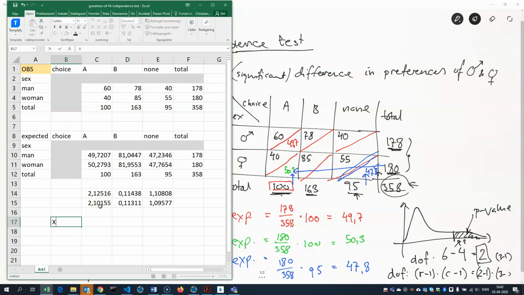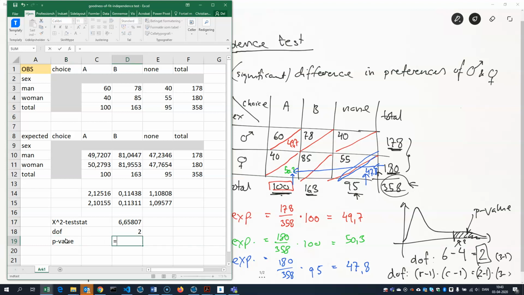And the actual chi-square test statistic is then the sum of those 6 numbers here. And there you have the number 6.658. The degrees of freedom is equal to 2 rows minus 1 times 3 columns minus 1, 2 degrees of freedom. And now we can compute the p-value. Oh, sorry.